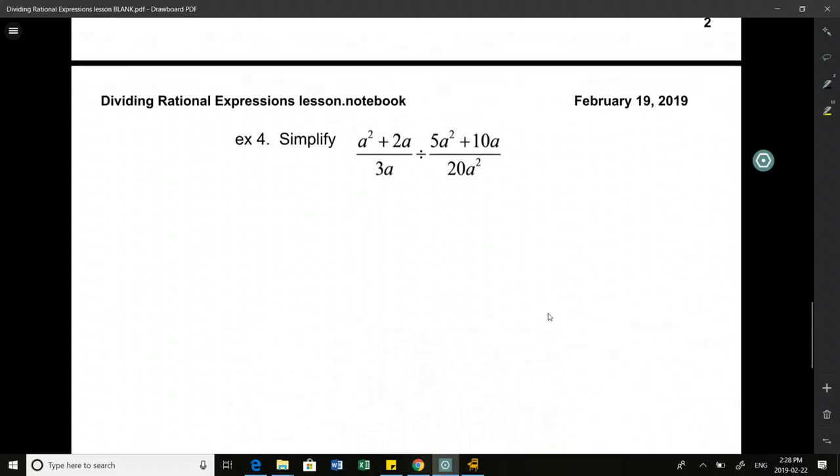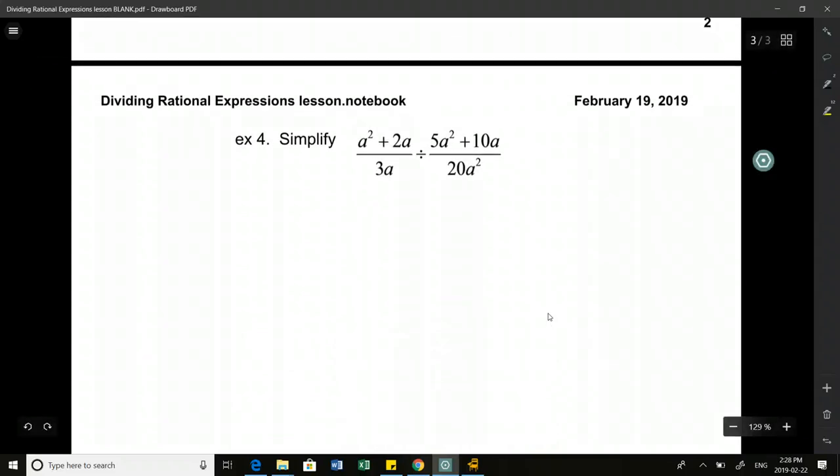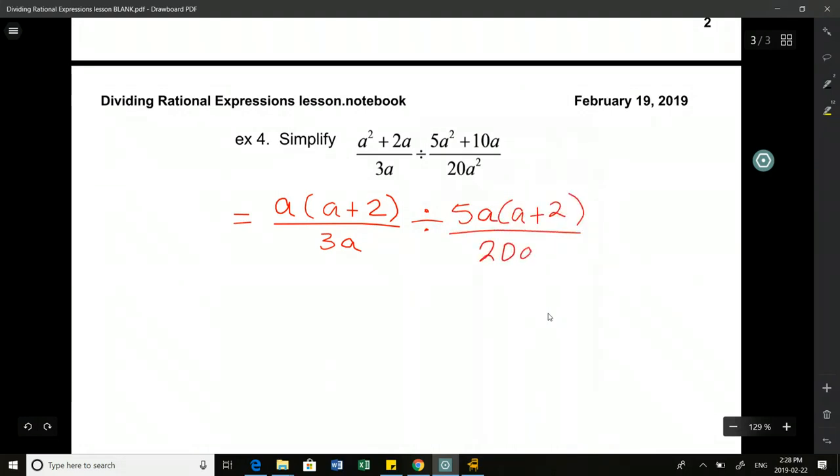Last one. Let's try this. So factor, common factor, everything. I think this one can only be common factored. And remember, we can't really do much with single terms. Single terms have to just stay as they are.